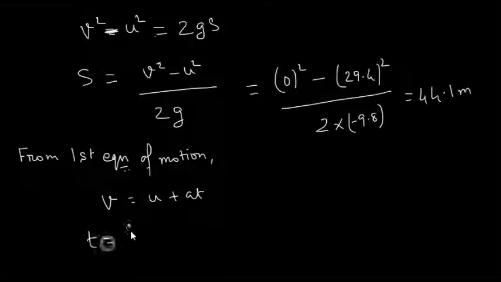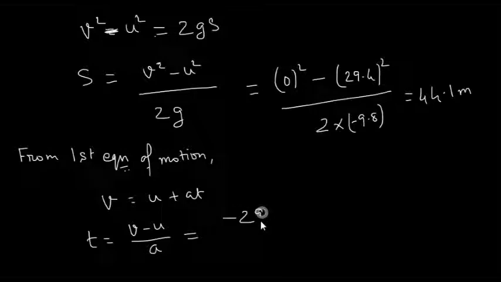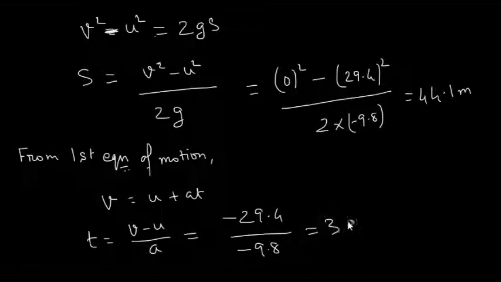Therefore, t is equal to v minus u upon a, which is equal to minus 29.4 upon minus 9.8 is equal to 3 seconds. So this is the time of ascent.